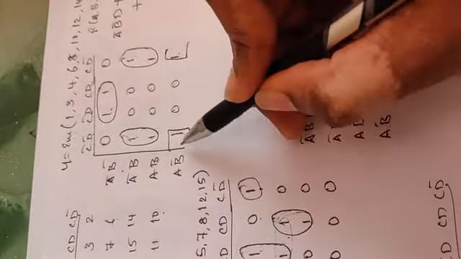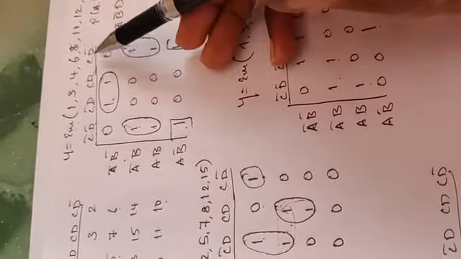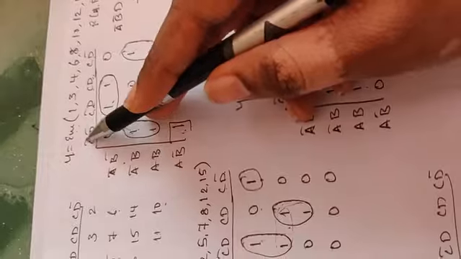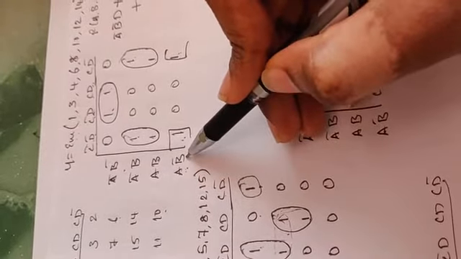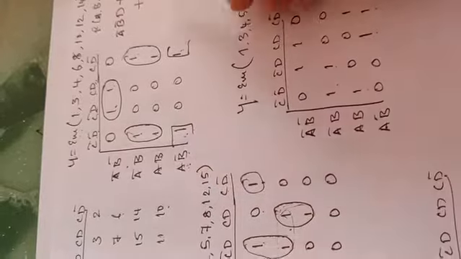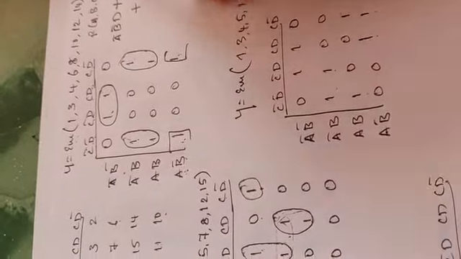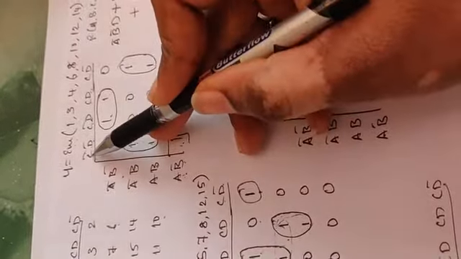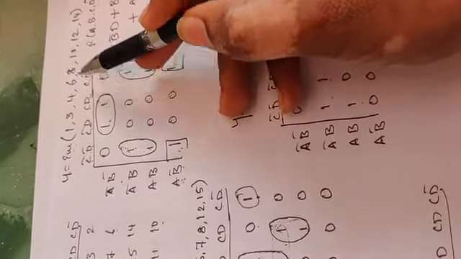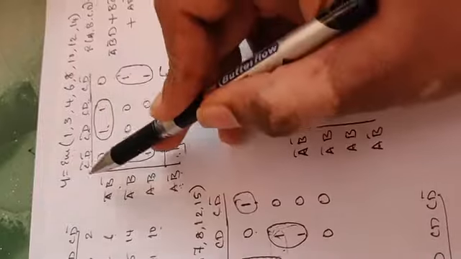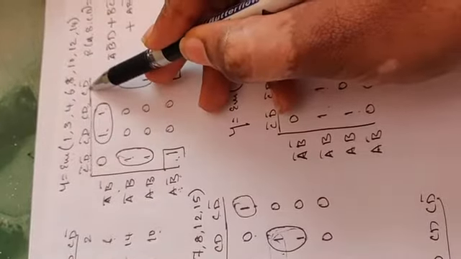Now coming to this group. Look at this and this, right? This means concentrate on here, and this means concentrate on here and here. So A, B bar, you have nothing to do with A, B bar. Just write A, B bar as it is. Look at here, this C bar, D bar, this is C, D bar. So what is common here? D bar is common, C bar and C get cancelled.